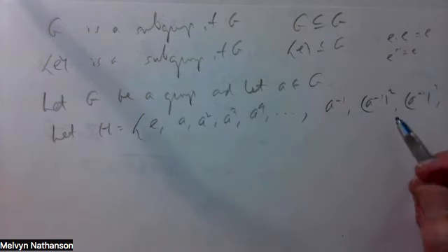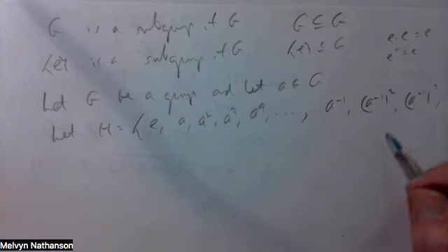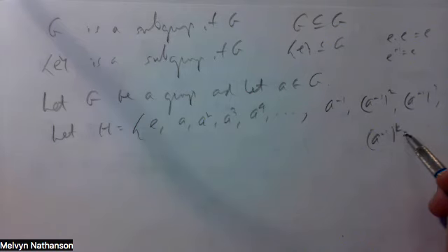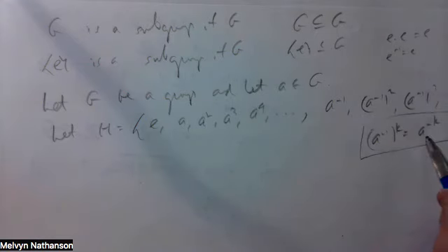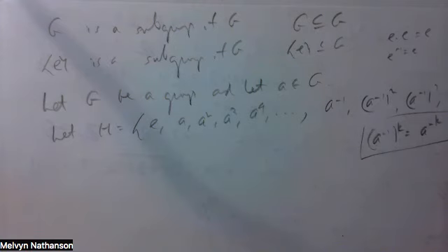And just as notation, we usually write A inverse to the K as A to the minus K. So that's just notation. A to the minus K means the kth power of A inverse. So it's also true that this is the same as the inverse of A to the K.